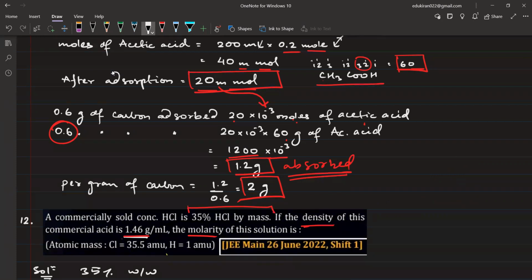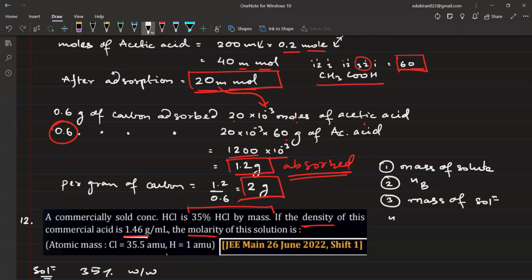I'm giving you these steps. If you get stuck, please let me know. First of all, what is the mass of solute? From mass of solute, you have been given the atomic masses. वहां से आप क्या निकाल सकते हैं? The number of moles of solute. Next thing is that you have to know what is the mass of solution. Mass of solution से आप क्या निकाल सकते हैं?